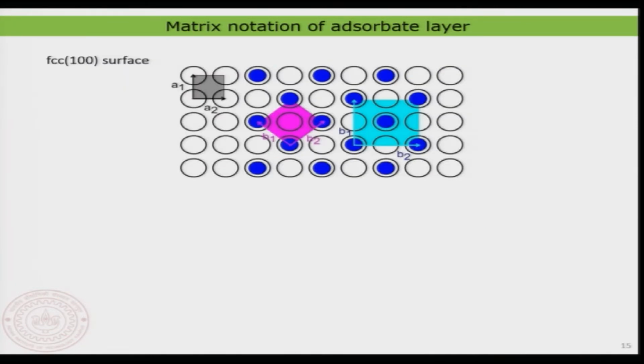Good. So, let us assume this particular Adlayer. The blue is again the Adlayer, and this is the surface, and now we can check what the metric representation is for the blue and for these magenta unit cells or primitive cells that we are using to represent this particular Adlayer.